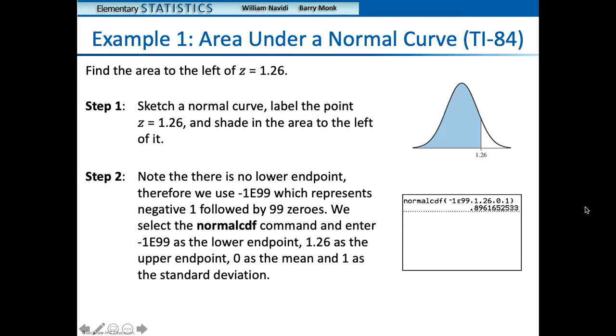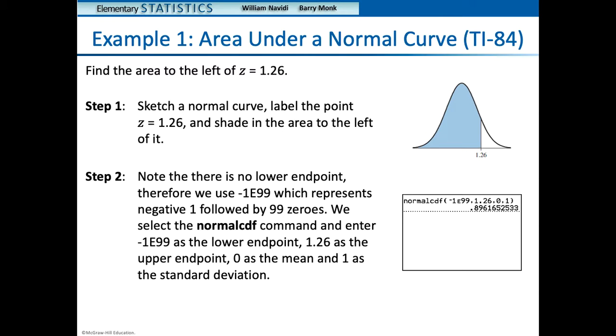It's worth mentioning that the area you get from the calculator might be very slightly different from the value that you would get from the table. They should be very, very close, but don't be surprised if you see some very minute differences, and that's primarily due to rounding.